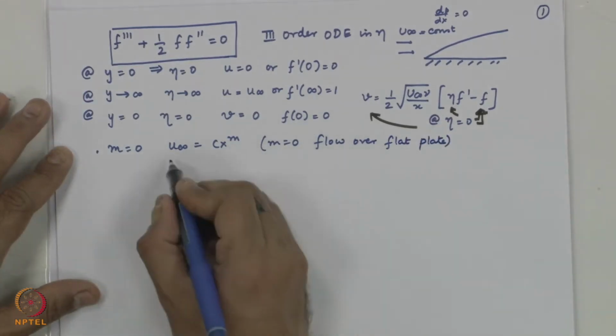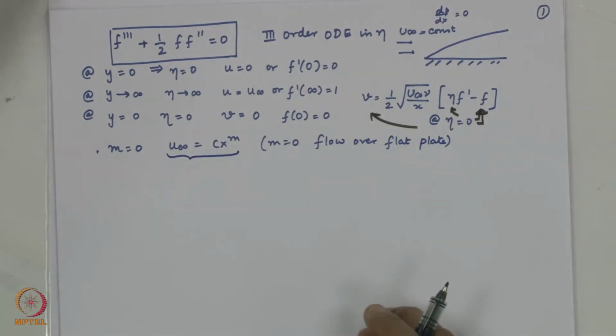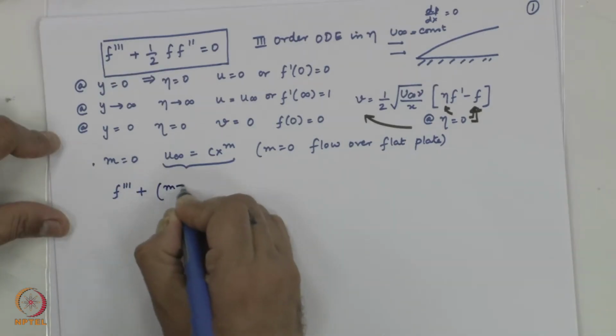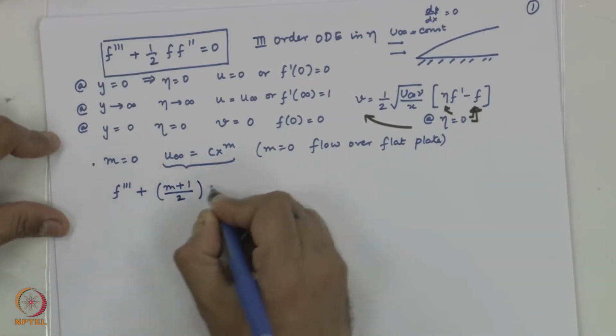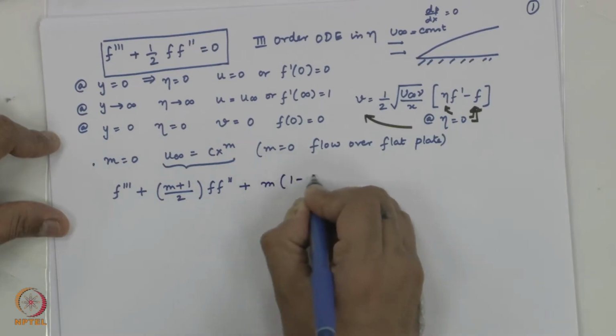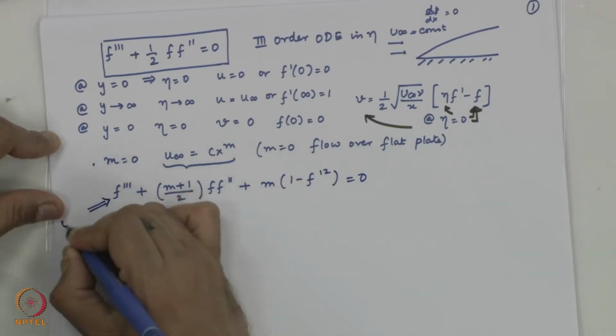This whole set of equations, remember, we had a set of differential equations which looked like this with m plus 1, and so forth. So, f triple prime times m plus 1, plus m plus 1 by 2 f f double prime, plus m times 1 minus f prime squared equal to 0. This was my ODE.